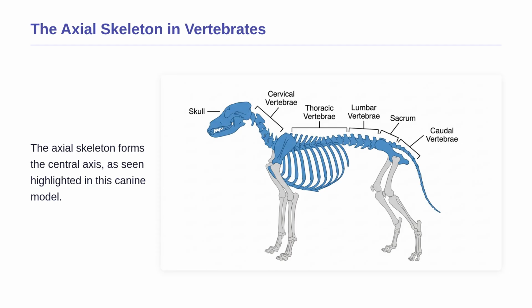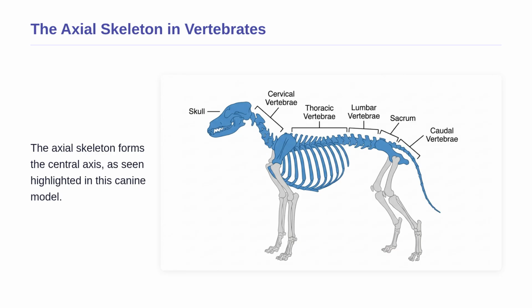Now that we have calculated the vertebrae, let us look at how this actually appears in a living animal. Here, you are seeing the skeleton of a dog. Notice the structures highlighted in blue. This is the entire axial skeleton. Starting from the left, we have the skull protecting the brain. Moving to the right, you can see the cervical vertebrae in the neck, followed by the thoracic vertebrae, which connect to the rib cage.